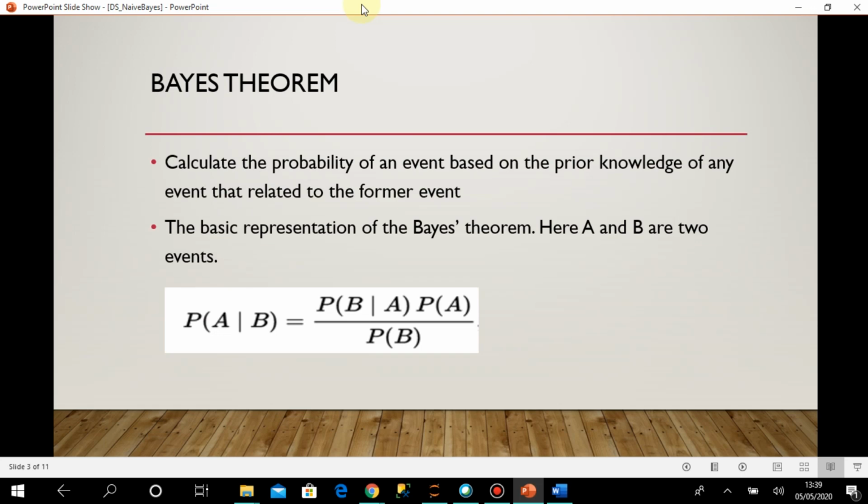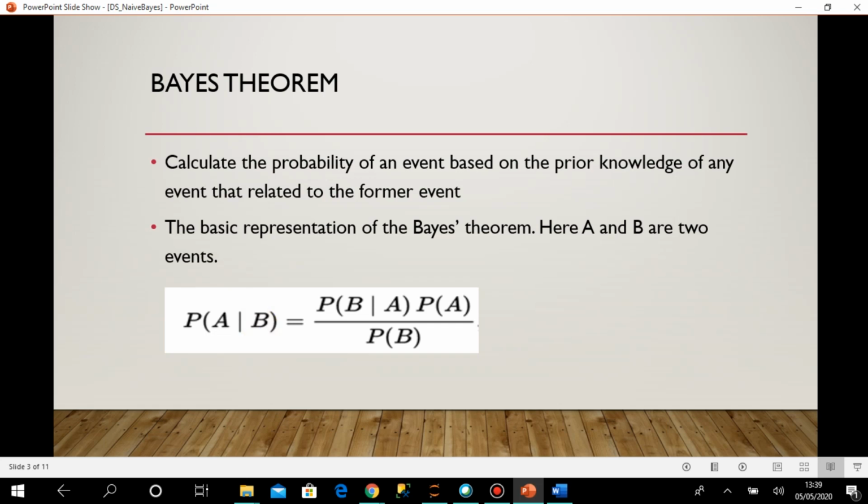If A and B are two events, then the basic representation of the Bayes theorem is given by this calculation. Here it is saying probability of A given B, that is the conditional probability.